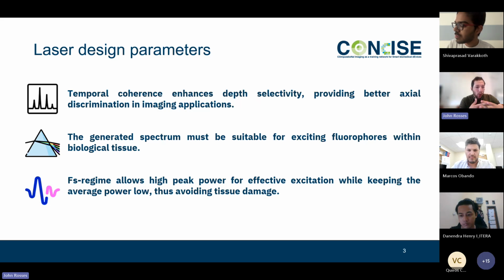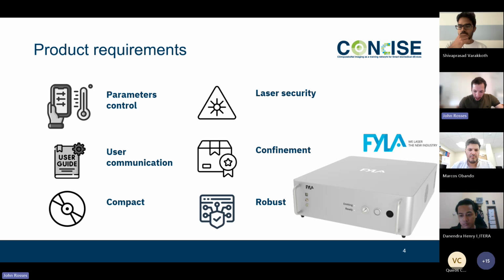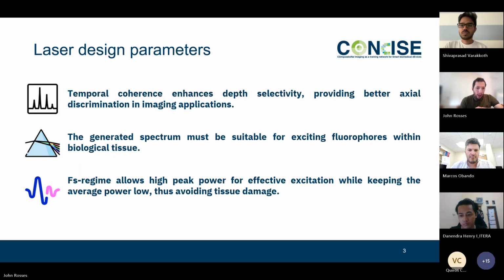And finally, we want a source in the femtosecond regime, because this allows a high peak power to make an effective excitation of the fluorescence, but without damaging the tissue. So we want a low average power. But at the end, this allows you to excite the tissue without damage.